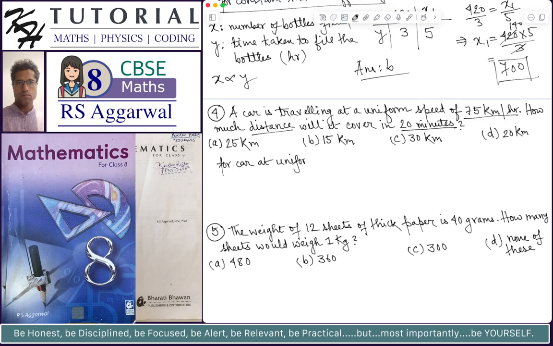If you consider the two quantities, x as the distance covered, the unit let's say in kilometer, and the quantity y as the time taken to cover the distance in minutes.